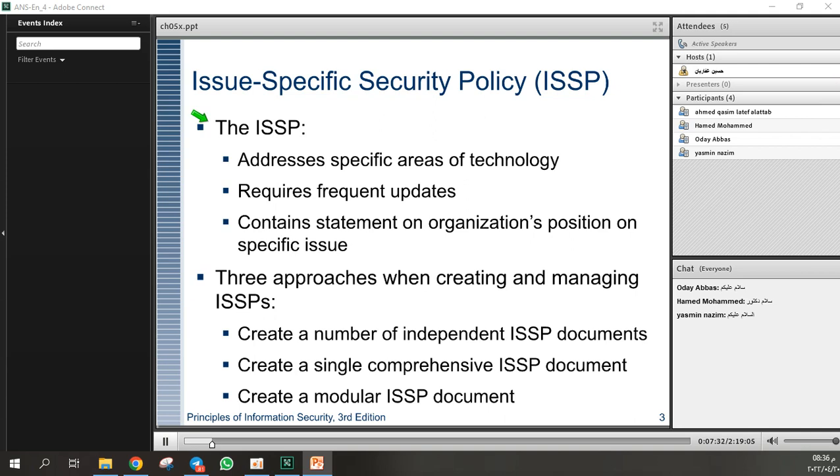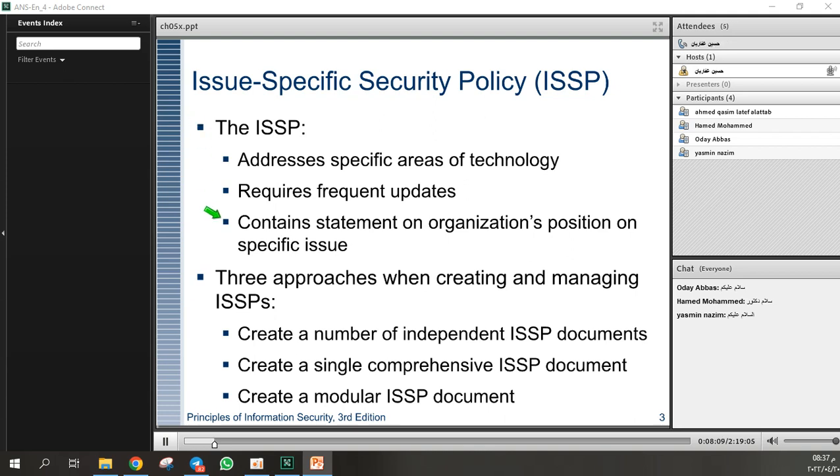It means that for a specific area in technology, for example, I can prepare some policy to address that specific area of technology. That area of technology can be updated very soon. Okay, sure, I know. So I have to update my policies frequently.